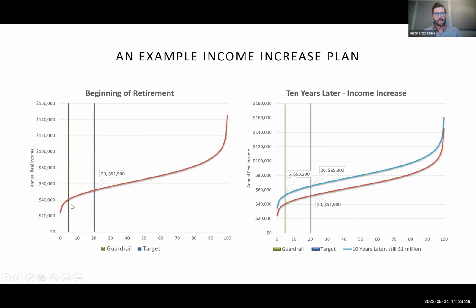So let's say that they're targeting an income with a risk of 20. But if the risk of their spending behavior ever goes down enough, they will increase their spending, increase their income. In this case, it would just be increasing their portfolio withdrawals, right? And we've set that guardrail at a risk of 5.